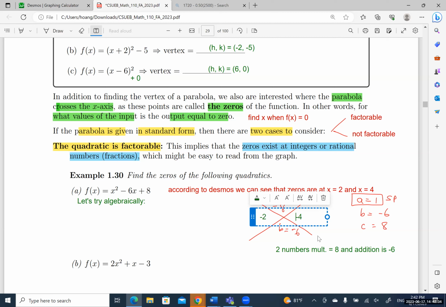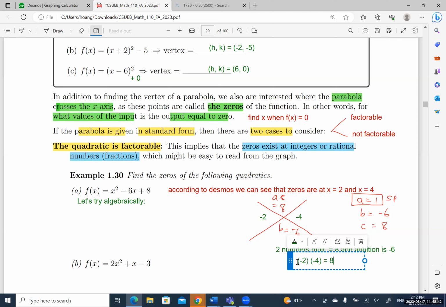Now you know that -2 multiplied with -4 is equal to 8, and -2 plus -4 will be equal to -6. So these are the two numbers that we need for this.